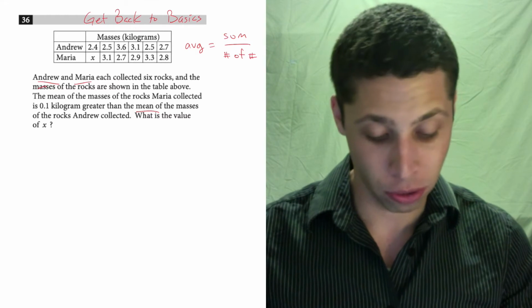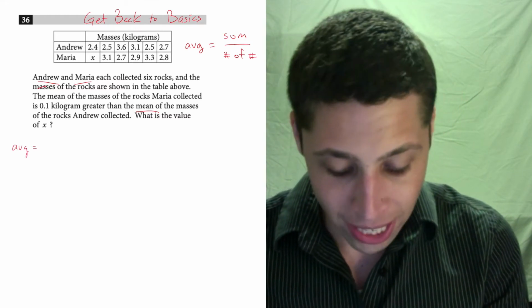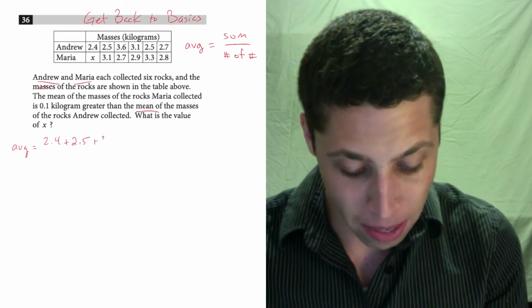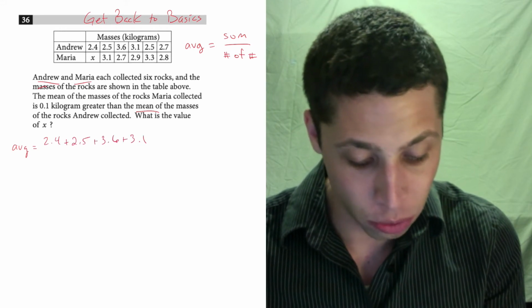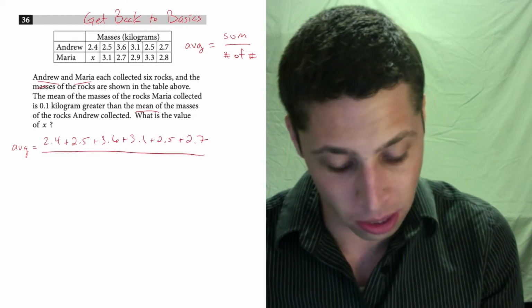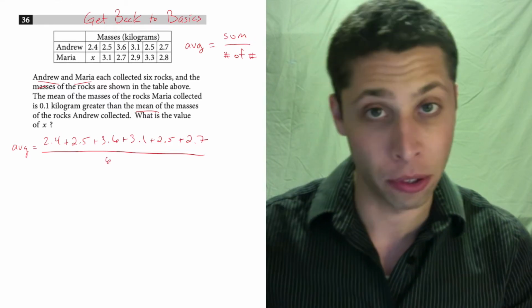Let's do that first. So we're going to use our calculators for this, but I also think it's a good idea to write everything that we put in our calculators on the page. It does not take much time to do this, and it's going to help us double check our work. So the sum is all those numbers added up, divided by, well, there's 6 numbers, okay?